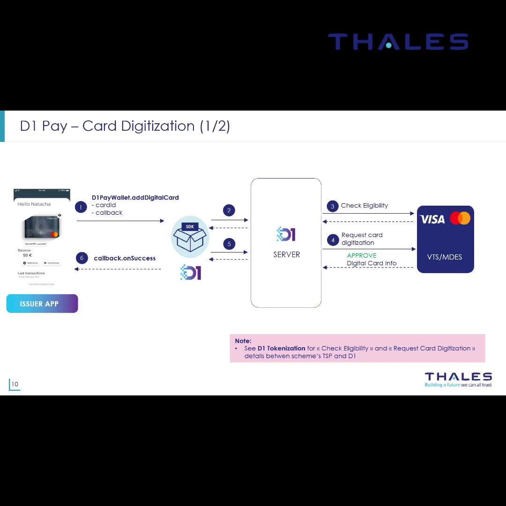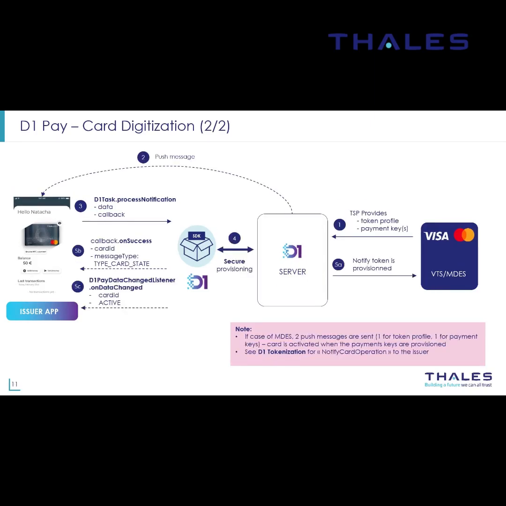In case of success, the scheme TSP returns a token consumer ID, token profile, and payment keys. It is worth mentioning that when the callback is received, it means that TSP has created the digital card and SDK is ready to securely provision the digital card. It was not yet provisioned into the device.